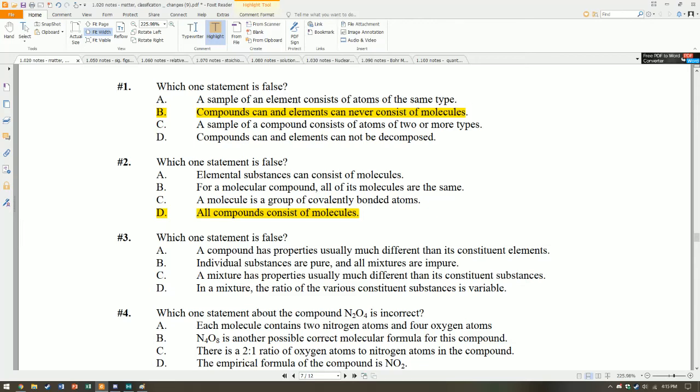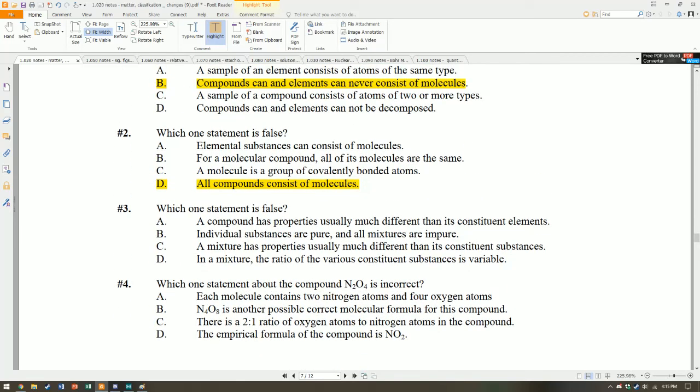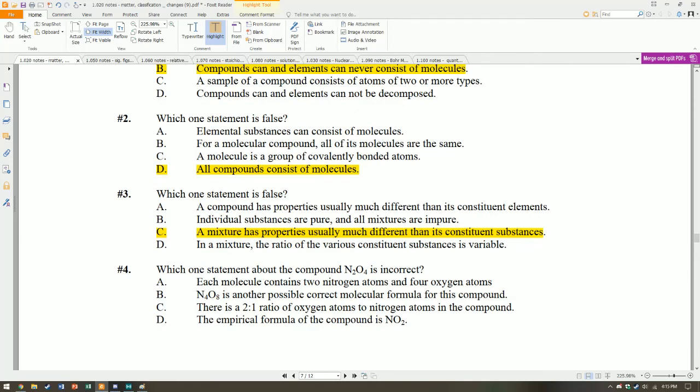It's D. For the third one, and by purity, I forgot to discuss this. Purity just means of one type. It's the same thing throughout. This one is the false one. And then the last one is B.